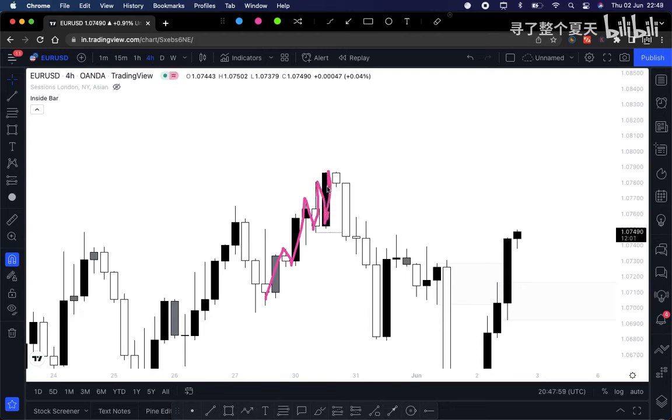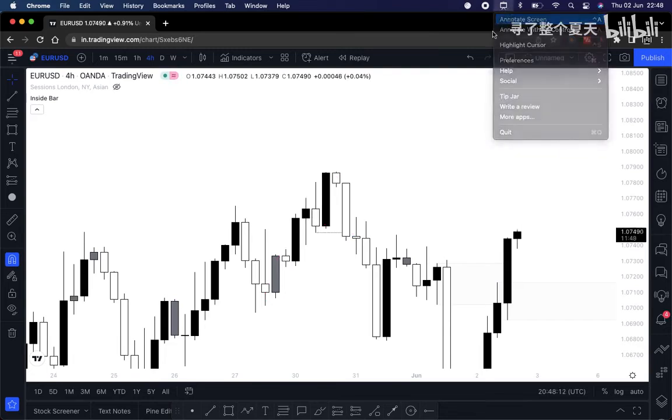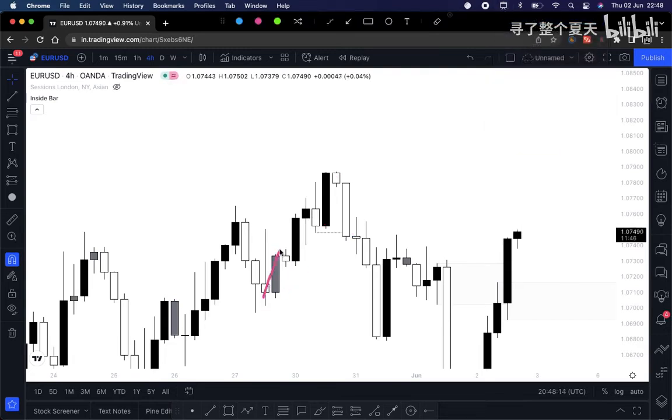Or rather a minor low, and then we had price pushing to the upside here, and then a shift. Let me just draw this properly. We had a high, a low, a high, and then a low, and then a high, and then price pushed to the downside. That's where we got our shift. We have a break of market structure here, and then a shift.